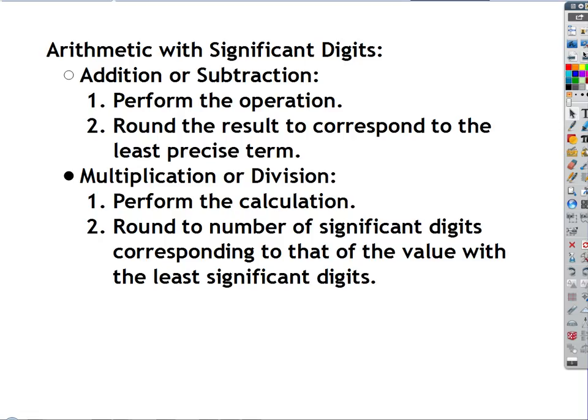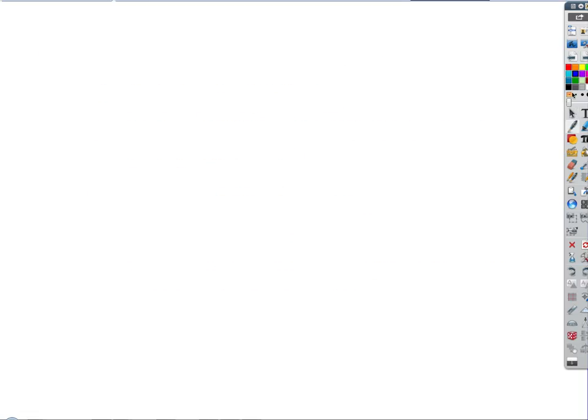What if we have something like, let's say we're going to find the sum of these measurements. 1.2345, and when we're adding things up, we'd like to add them up so the decimal points line up, right? Does that make sense?